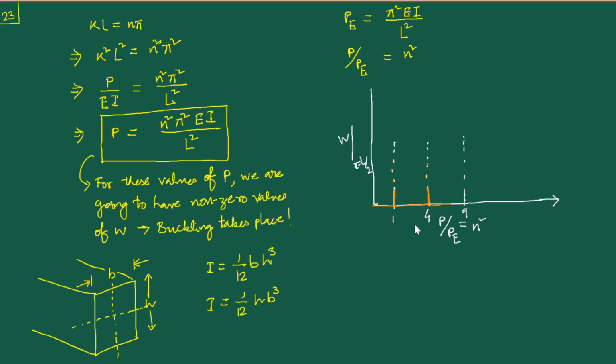Ideally, what the plot should have been is something like this: you start from a value less than 1, you obtain a non-zero value of this W, and if you keep on increasing the value of P, if you go beyond this, it will still remain non-zero.